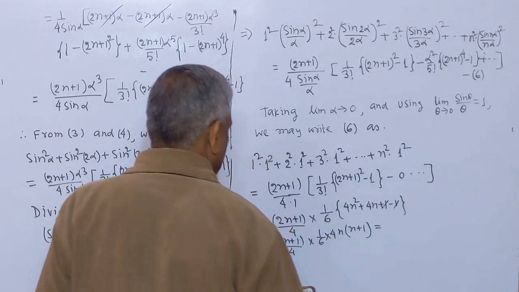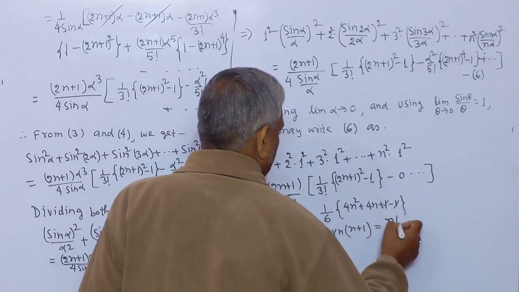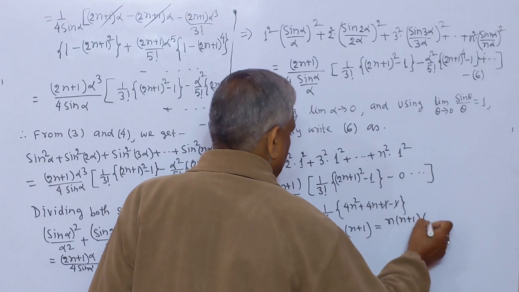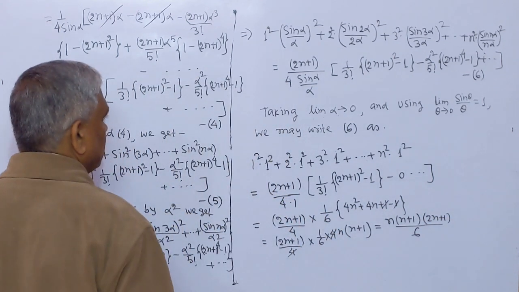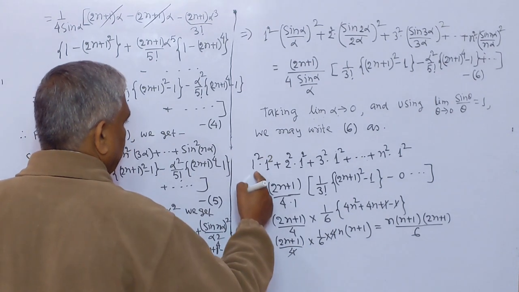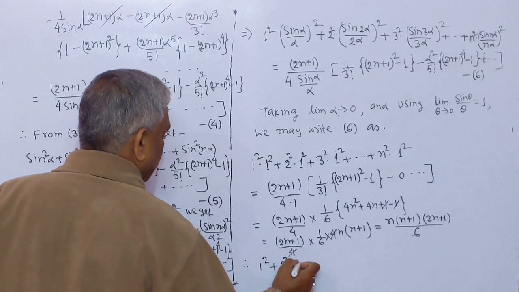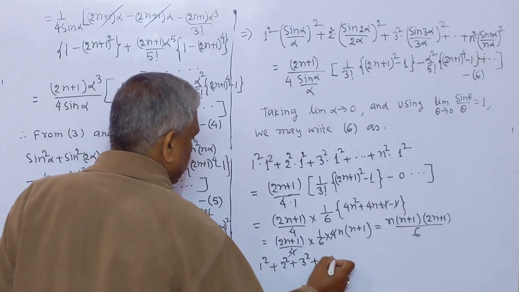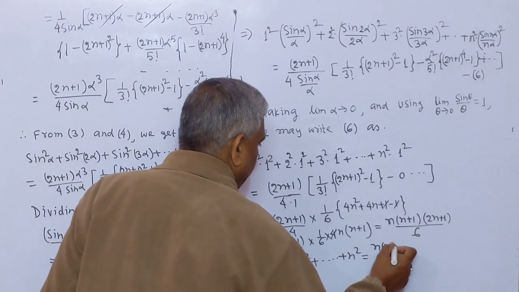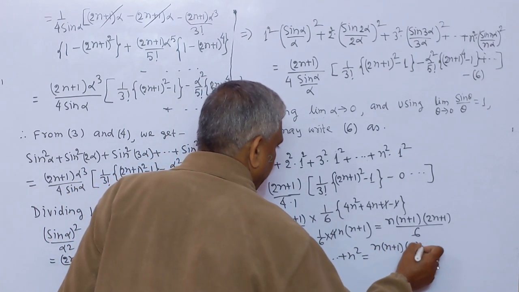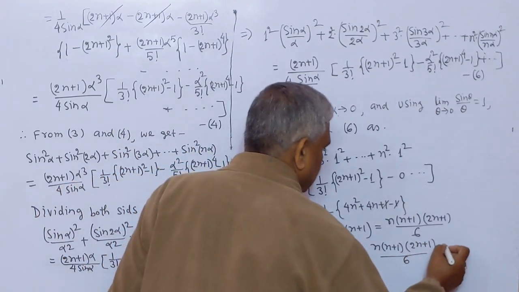And this will be equal to, 4 cancel, n into (n+1)(2n+1) by 6. Therefore 1 square plus 2 square plus 3 square plus so on plus n square equal to n(n+1)(2n+1) by 6. This is the required result.